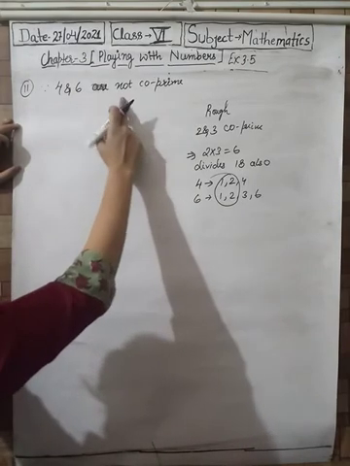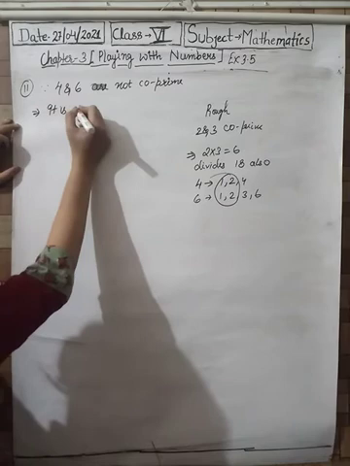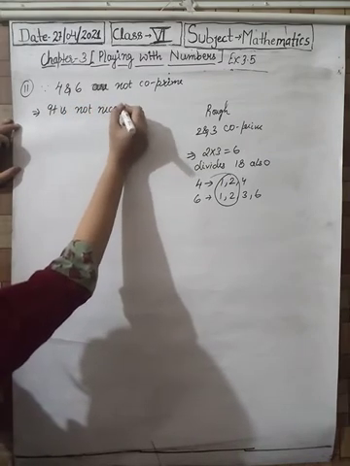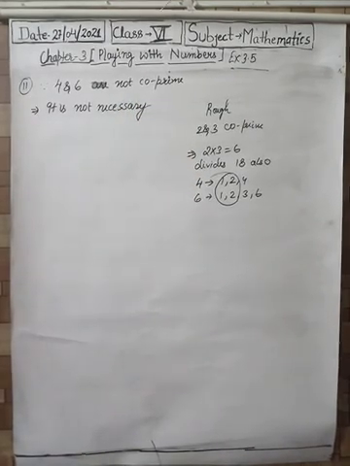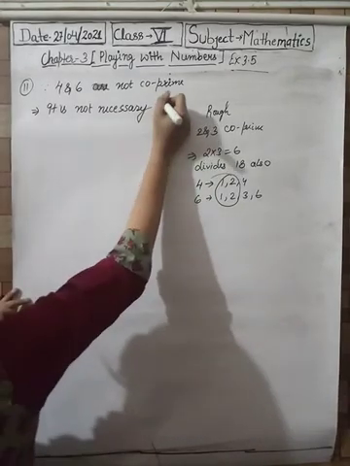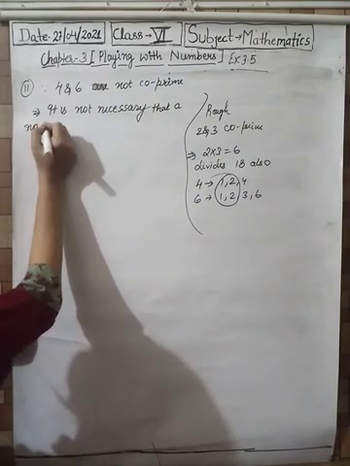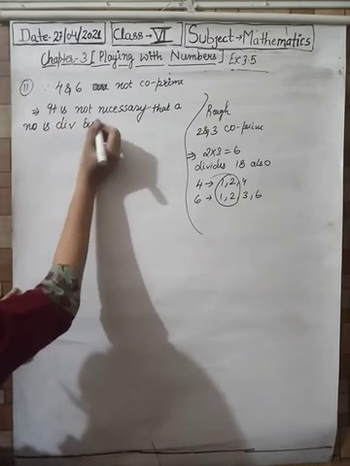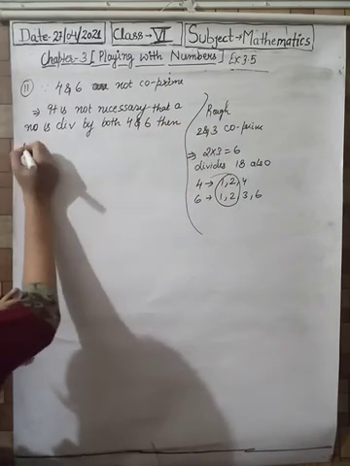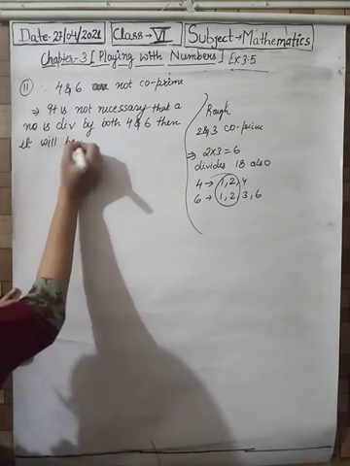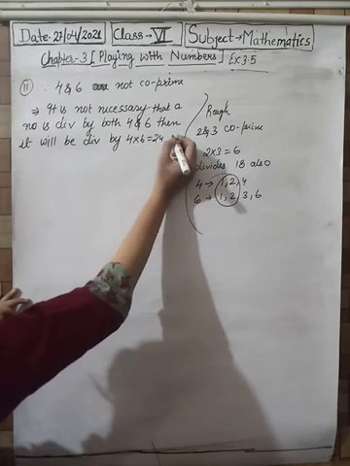So here 4 and 6 are not co-prime, which implies that it is not necessary that if a number is divisible by both 4 and 6, then it will be divisible by 4 into 6 is equal to 24 also.